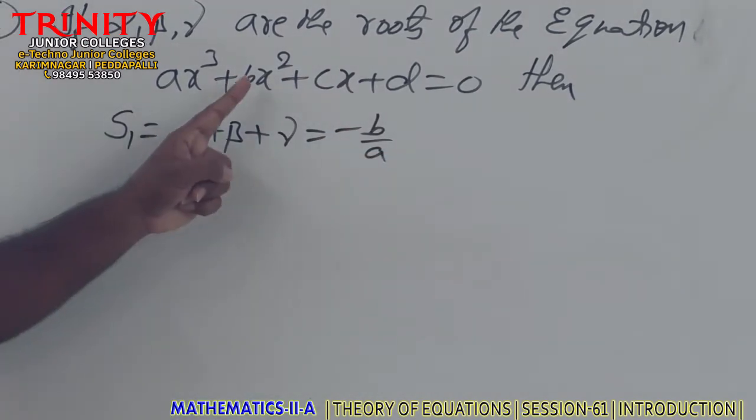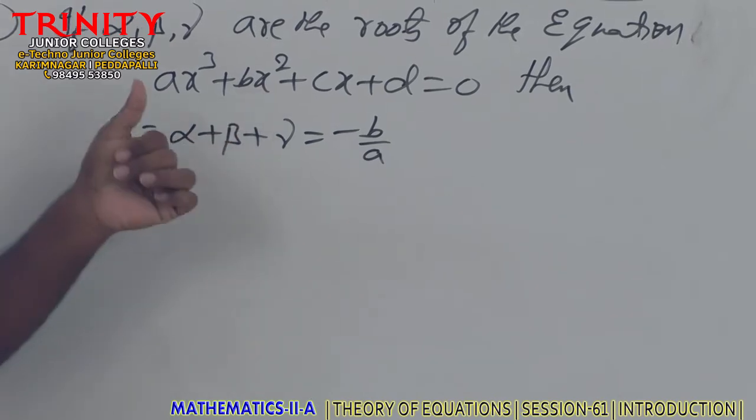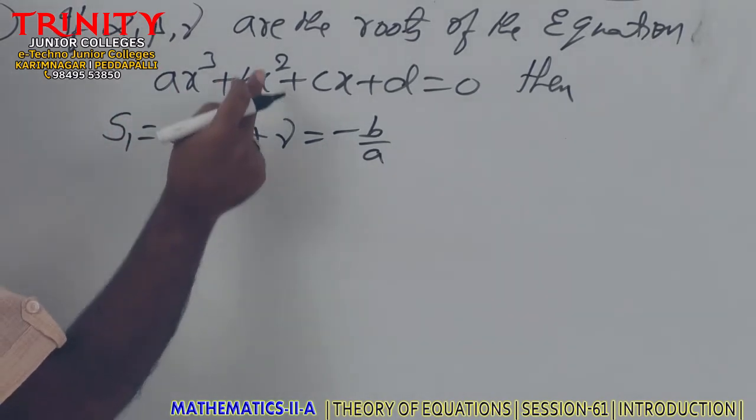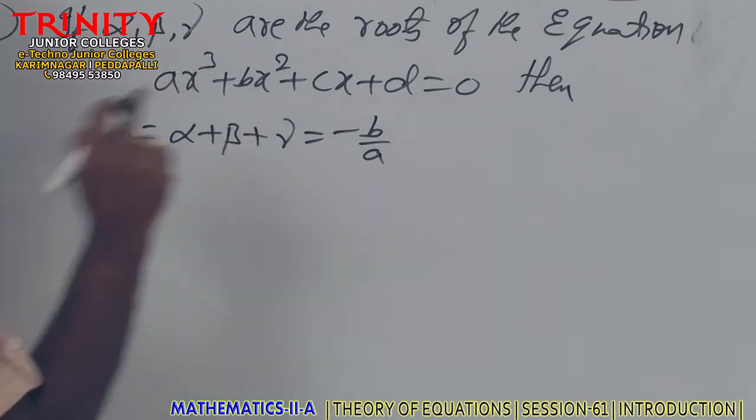That is, the x power n minus 1 coefficient by the x power n coefficient. Here x square by x cube, that is minus b by a.